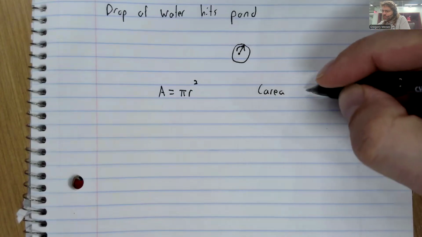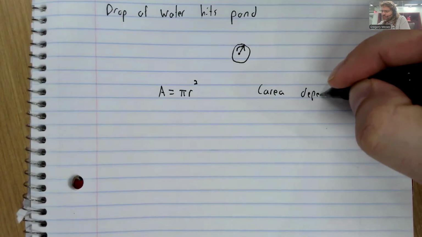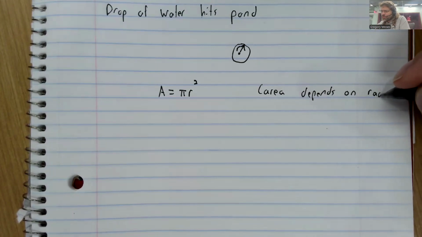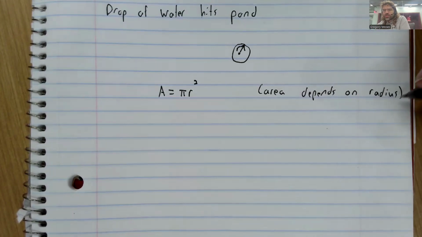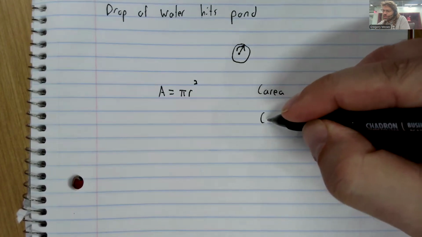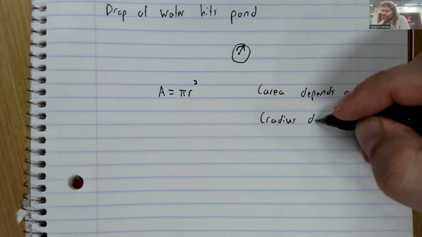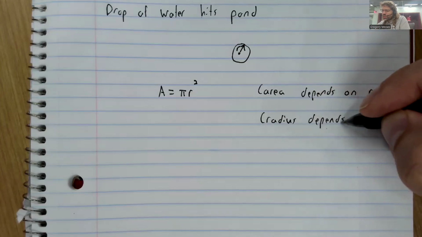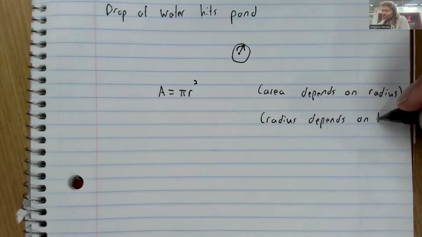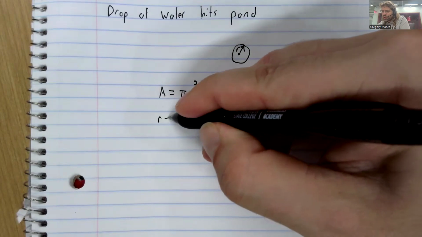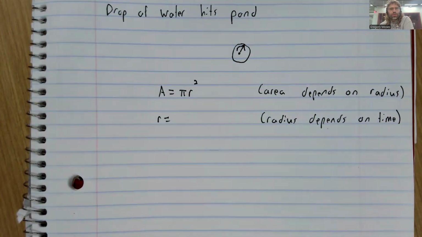The area depends on the radius, but the radius depends on time. And I'm not going to worry if this equation is super realistic.